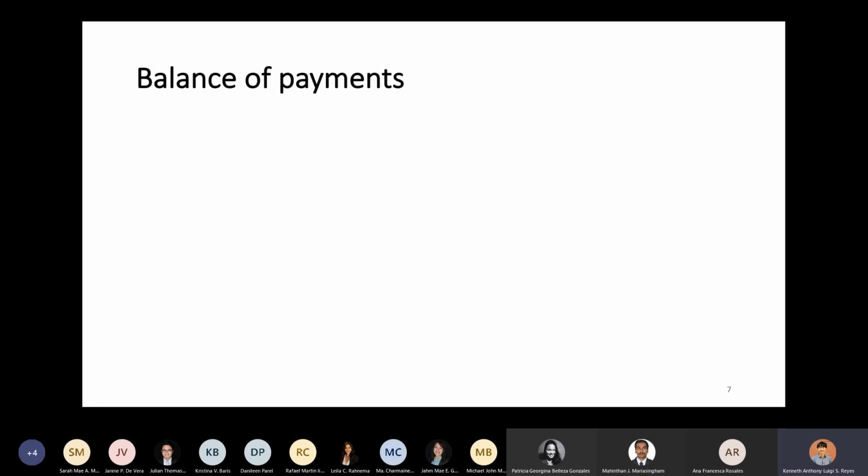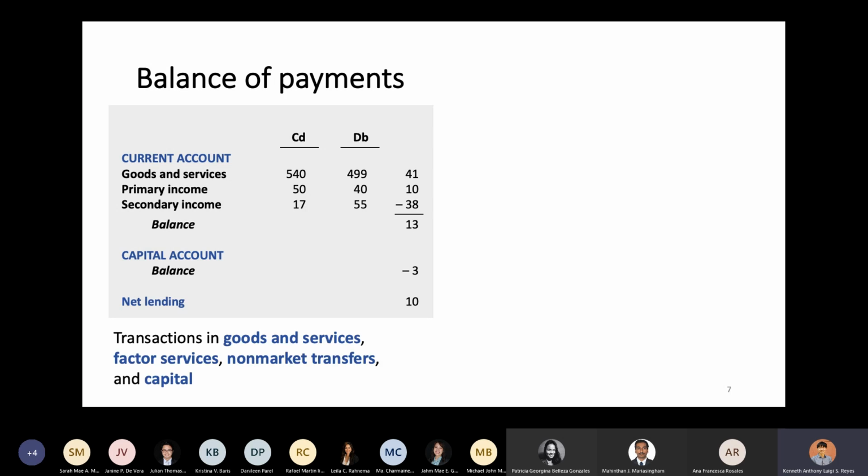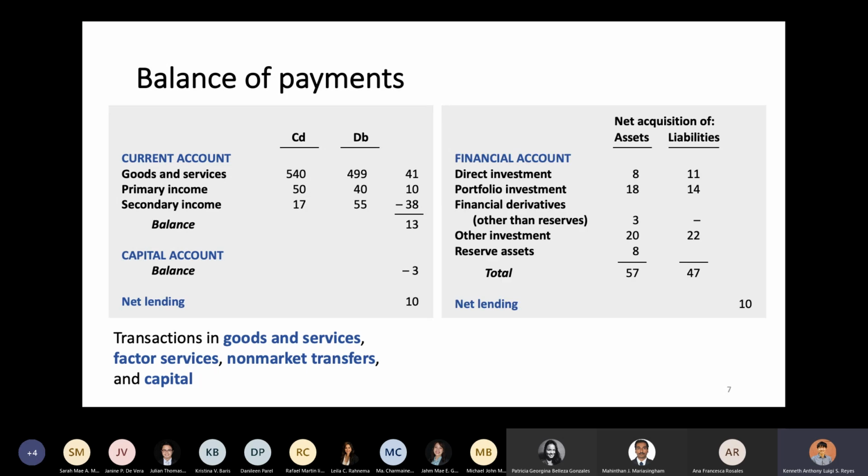Okay, moving on. The balance of payments in a simplified version looks like this. We have here the current account and the capital account. These two handle transactions in goods and services, factor services, non-market transfers, and capital. On the other side is the financial account, which handles transactions in financial assets.